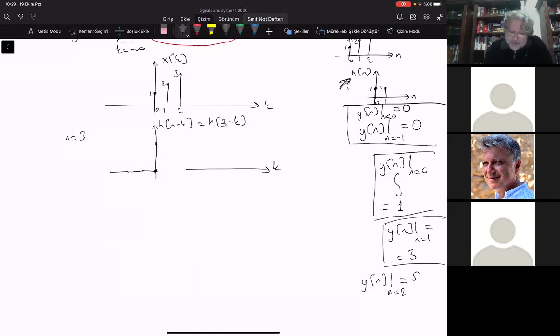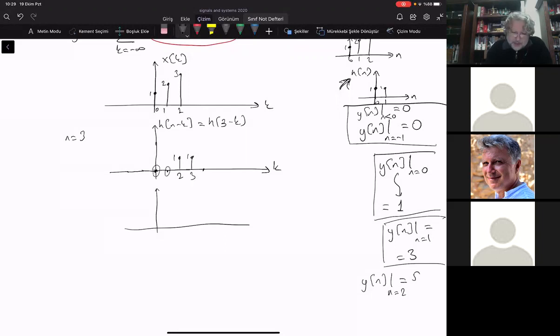So it's going to be h of 3 minus k, which corresponds to flipping around and sliding 3 times to the right-hand side. That will give you a 1 at 2 and another 1 at 3. And the others are zeros. And when we multiply them one by one, this 0 will be multiplying 1, but it's going to give you 0.